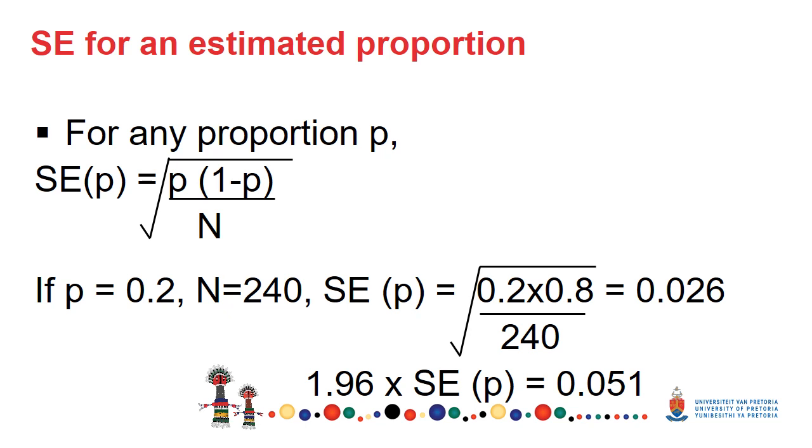For example, if p is equal to 0.2 and n is equal to 240, the standard error for a proportion is equal to the square root of 0.2 times 0.8 divided by 240, and that gives us 0.026. We can now calculate 1.96 times the standard error of p, which is equal to 0.051.